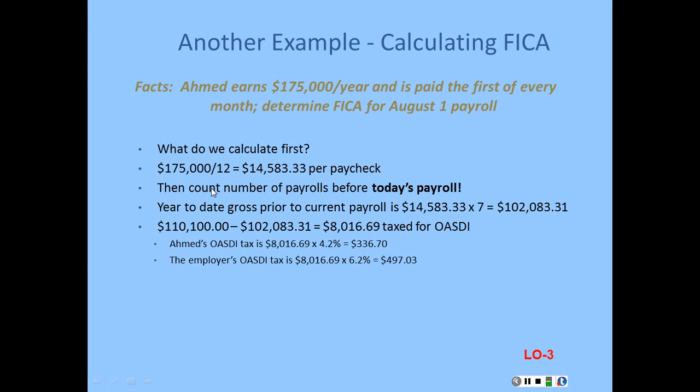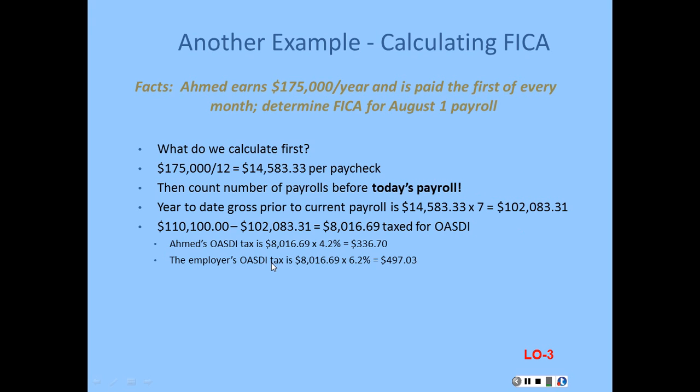How many payrolls have occurred before today's payroll? Seven. Seven months have gone by through July; July was the seventh month. So Social Security has been taken out of a total of $102,000 year to date before we get to the August payroll to calculate.